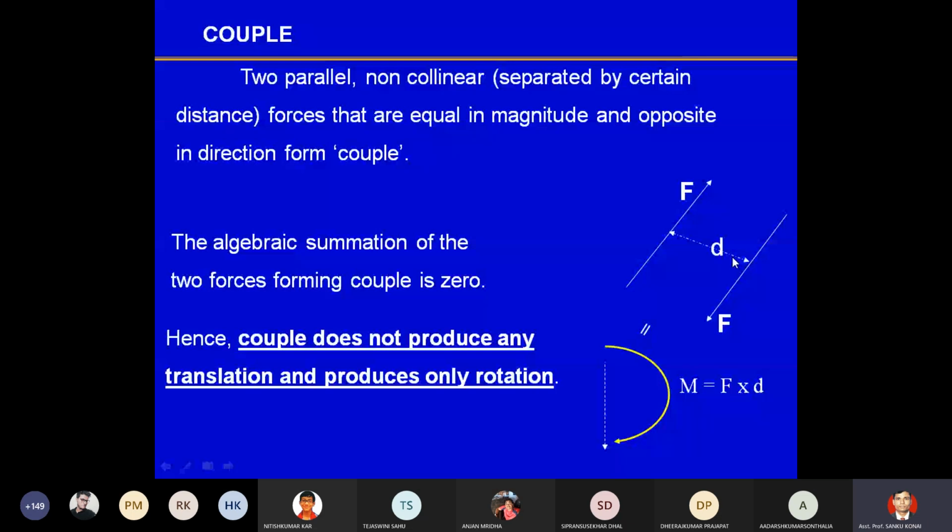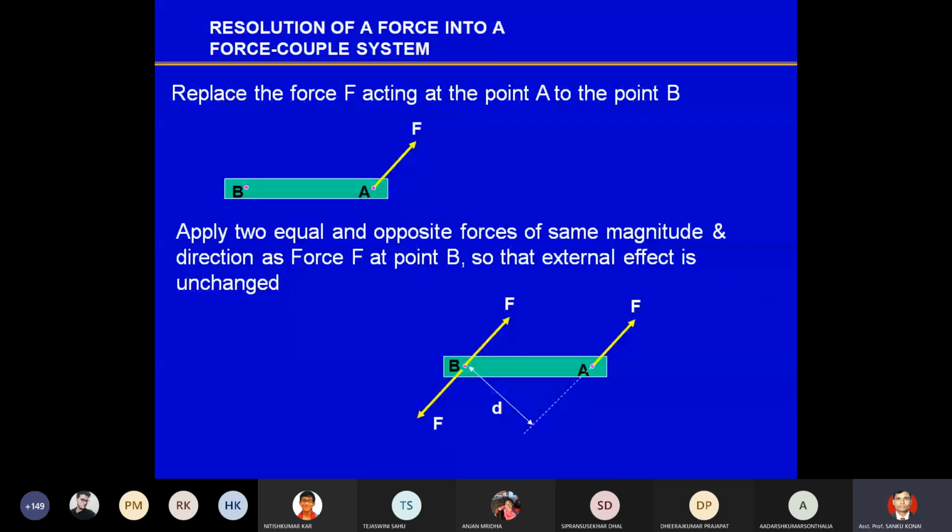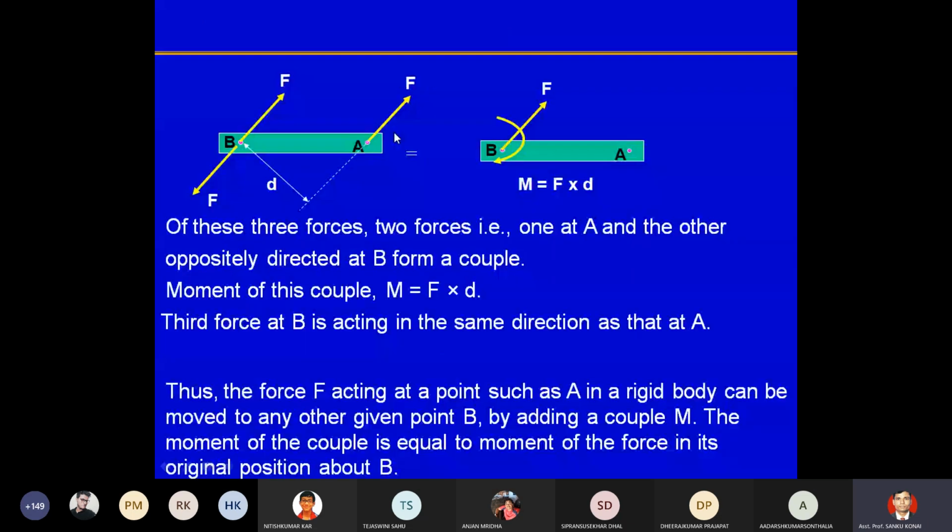So here initially there was a force, we have added two more forces, and the initial force and the added force in the opposite direction form a couple, and ultimately we get a force along with this couple. The moment of this particular couple, and the third force at B, is acting in the same direction as that at A. So if you have to shift a force from one point to another, the force and its direction will remain the same, plus additionally there will be a moment.